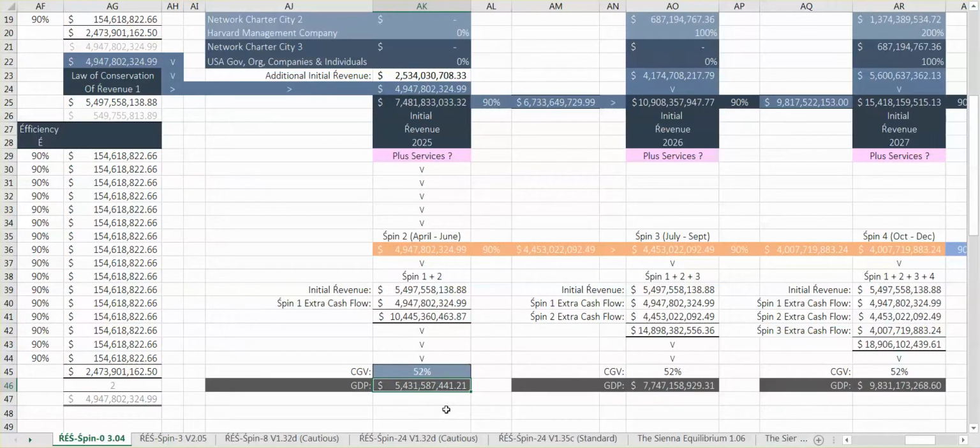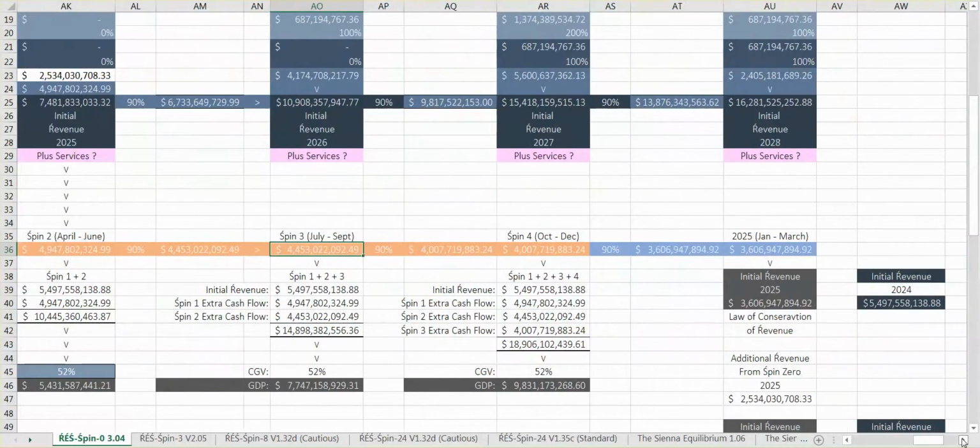But why stop there? Continuing to the right in AO 36, let's go here and let's just scroll over a bit. In AO 36 we see the second spin, or in fact the third spin. This time July to September, which creates an additional cash flow of 4.4 for a total cash flow of 14.8 and a GDP of 7.7.